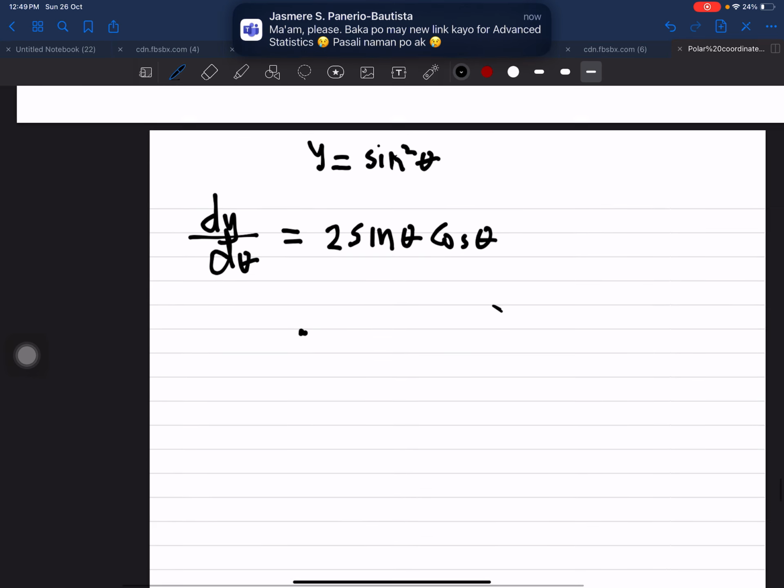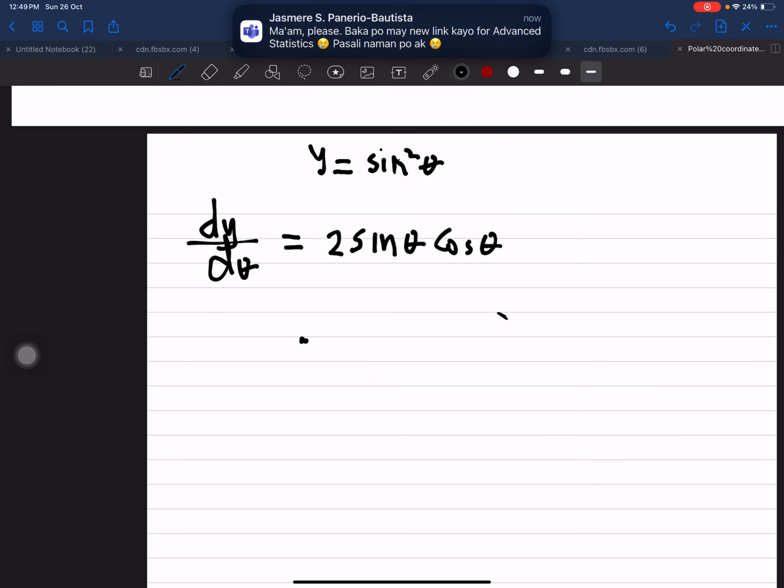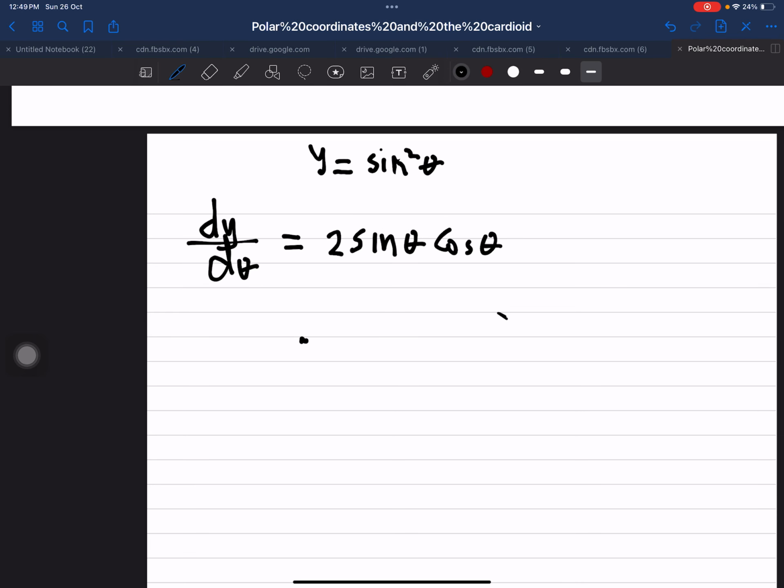From our trigonometry, this is equal to sine 2 theta. Then we equate this to 0. Sine 2 theta is equal to 0.